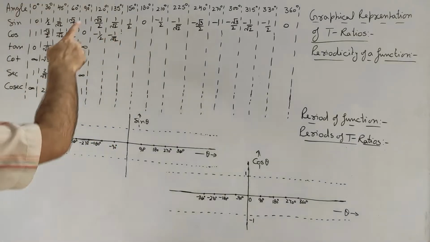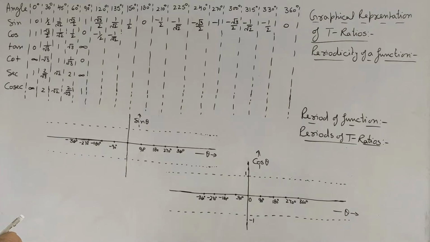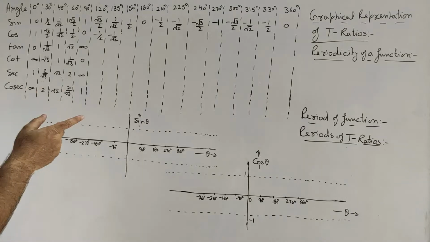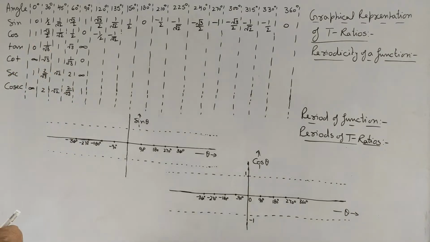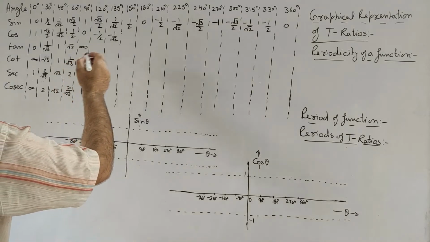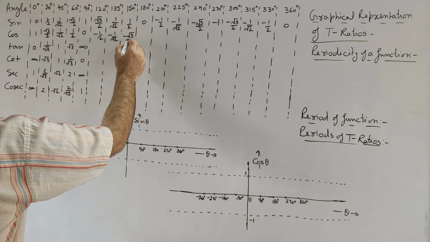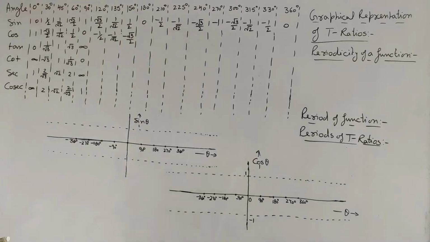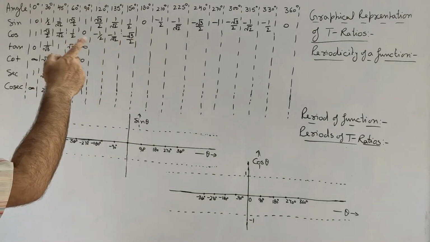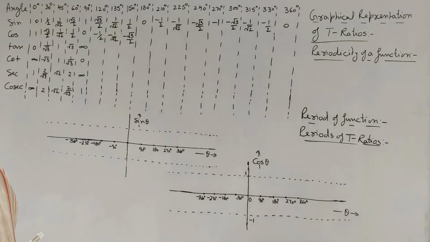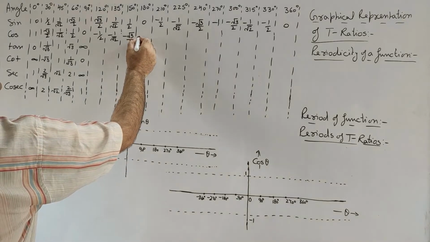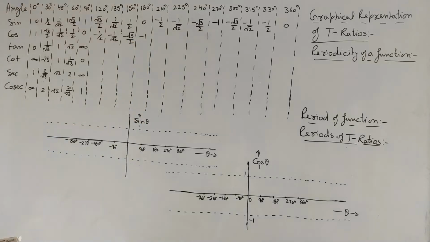Then 150 will be cos 90 plus 60, and cos 90 plus 60 means minus sine 60, and minus sine 60 means minus root 3 by 2. And next 180, cos 90 plus 90, that is minus sine 90, and minus sine 90 means minus 1.